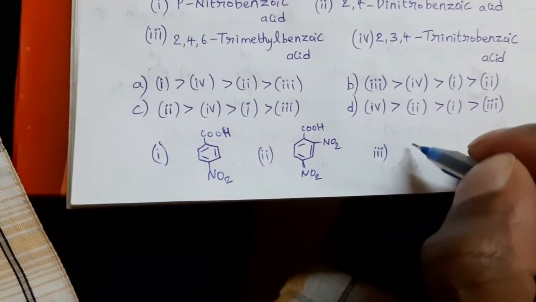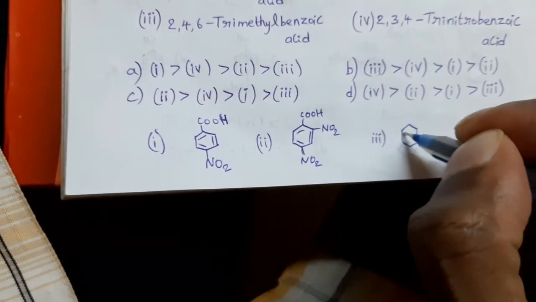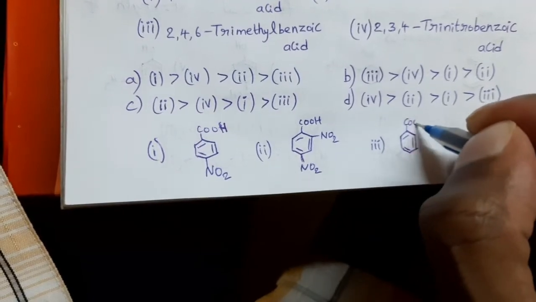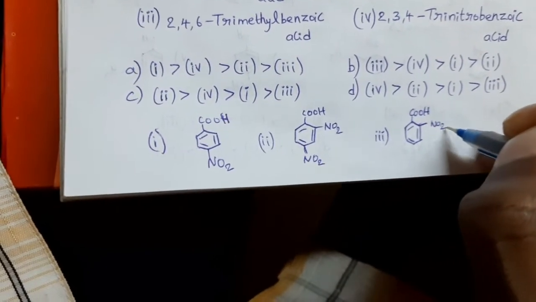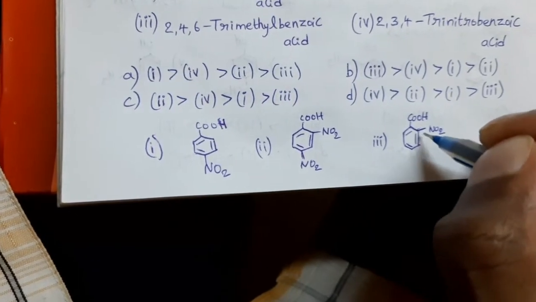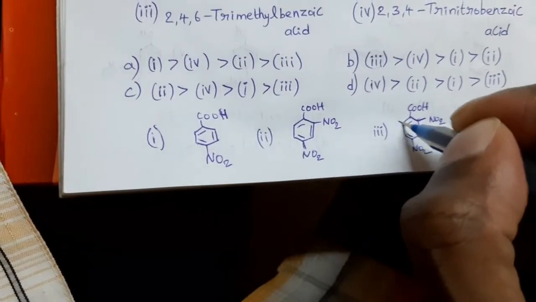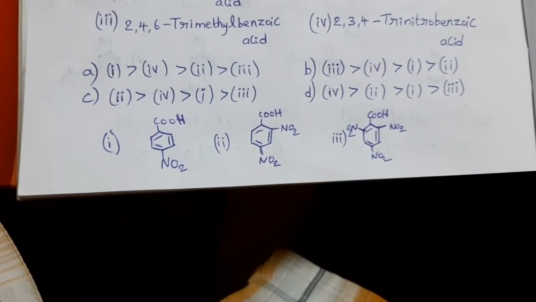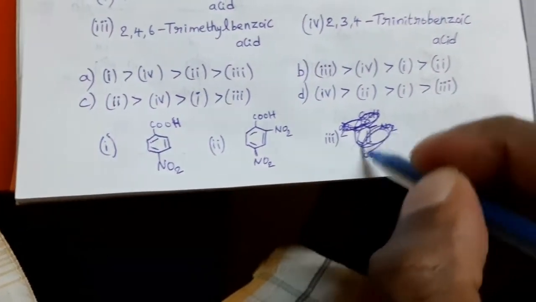Third one, 2,4,6-trimethylbenzoic acid. Benzoic acid, this one, second position, fourth position and sixth position. 2,4,6 trimethyl.